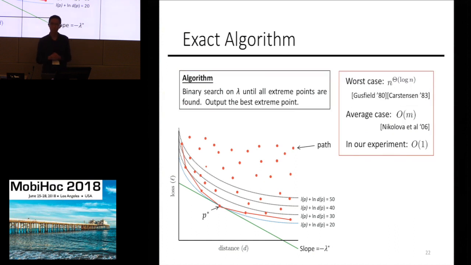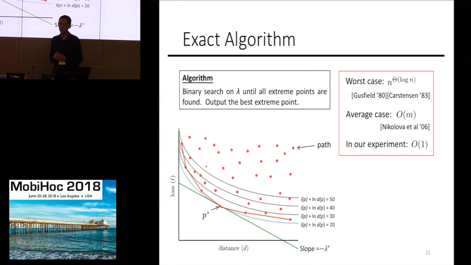So the next step, I'd like to analyze what's the complexity of the XI algorithm. So if we consider the number of extreme points on the lower left side of the convex hull, these three dots, it is known that in the worst case, there are quasi-polynomially many such points. So which means that in the worst case, it doesn't sound like a good idea.